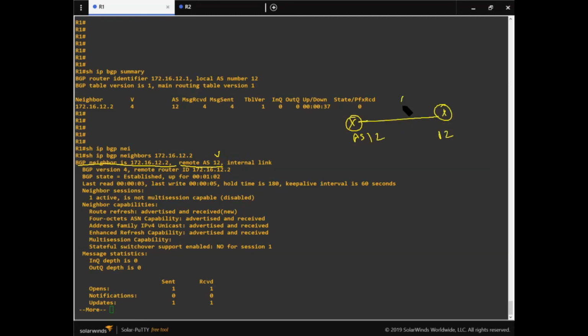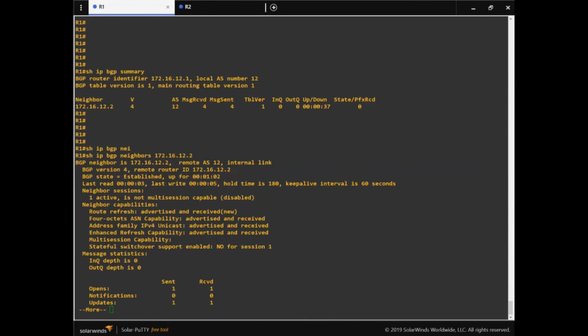Such kind of things are known as IBGP, and you can see it is showing you it is an internal link. BGP version, as I told you, is 4. Router ID plays a very important role in case of BGP also. It is showing you the router ID. The very last state is known as established. We will talk about that later on. It is also showing for how much time it is up. These are some of the capabilities, these are some other things. We will talk about them later on.